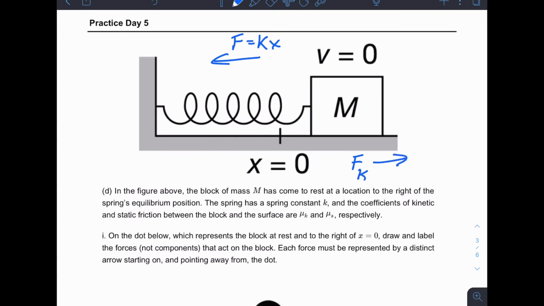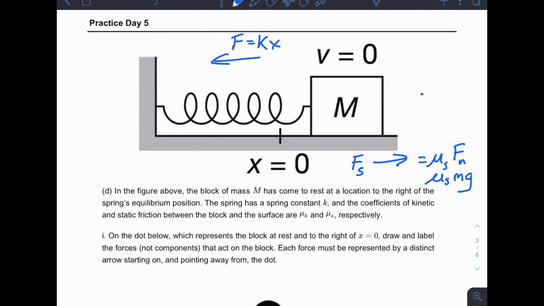And if you remember, Fk is equal to mu k, or no, if it's at rest, it's not k, it's s. So let me get rid of that and put s in there. Mu s times the normal force, which is equal to mu s times mg. All right, so those are the forces acting on this block right now.